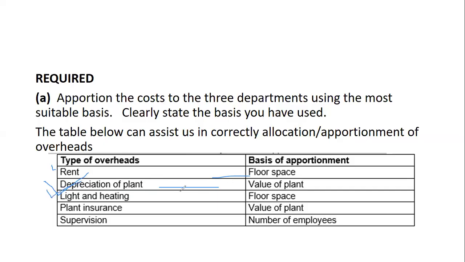If it's light and heating, we use the floor space. Plant insurance, we use value of plant. If it's supervision, you use the number of employees. So what does that mean? It means that we must know the basis of apportionment. Once we know it, we'll be able to apportion overhead expenses between the production and service departments.